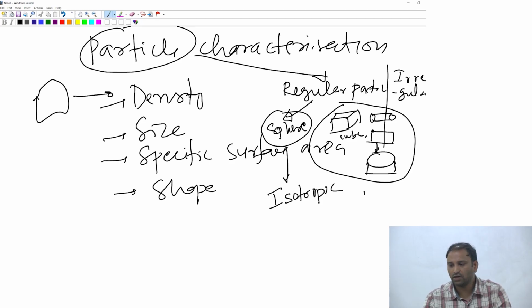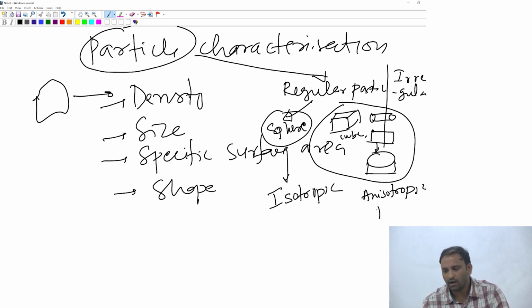All the other things that I have drawn here are examples of anisotropic particles. Because if you take a sphere, no matter from which side I look, it will look exactly similar, whereas if you look at other shapes like cylinders, disc-like particles, say ellipsoids, they don't look the same from different directions.